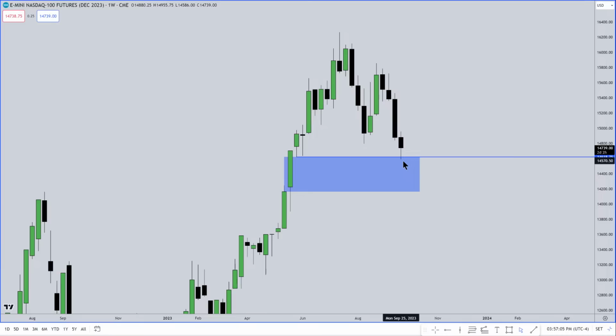But the difference with SMT is, for instance, because the NASDAQ did not go lower like the S&P did, normally, if I was bullish, that would be something I would be interested in going long on. But what is my bias? It's bearish.